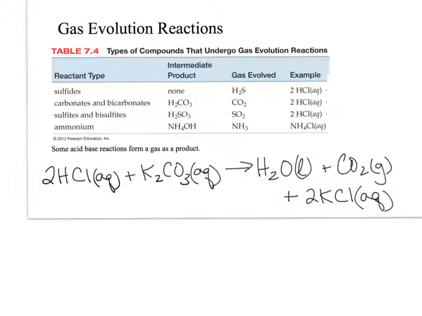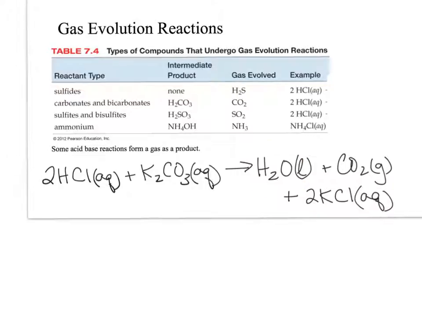The next type of reaction that we're looking at is the gas evolution reactions. As the name suggests, a gas is going to be one of the products, and it's really easy to identify these ones because you'll see gas as one of the products. In this case, we have an acid and a base coming together, and it's creating this gas of carbon dioxide, and water is also being produced as well.